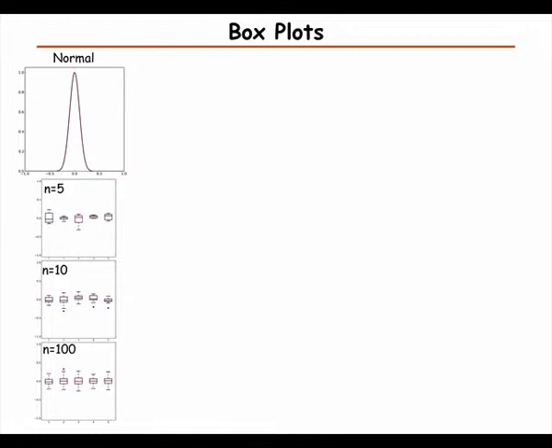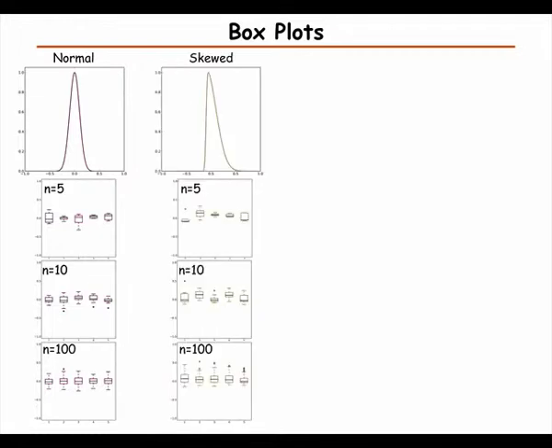It's designed so that for the normal distribution, you would not have a lot of outliers in general. But when we go to the skew distribution here, especially for the larger numbers, we have many more outliers.